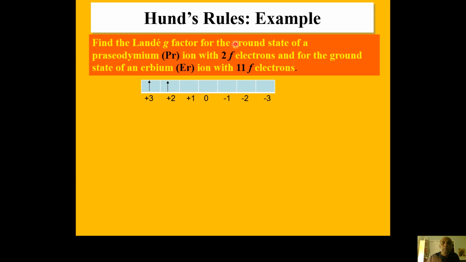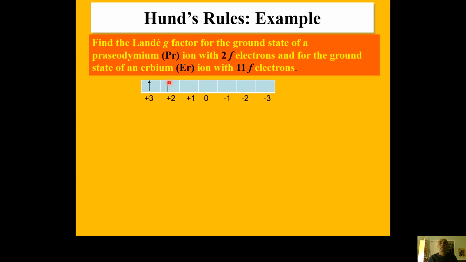First, you need to make sure you are filling so that your total S is maximized. That means it should be up and up. If you put one down here, your S is not going to be maximized; the total S will be 0. The maximum S you can get is by putting all the spins in the up direction.